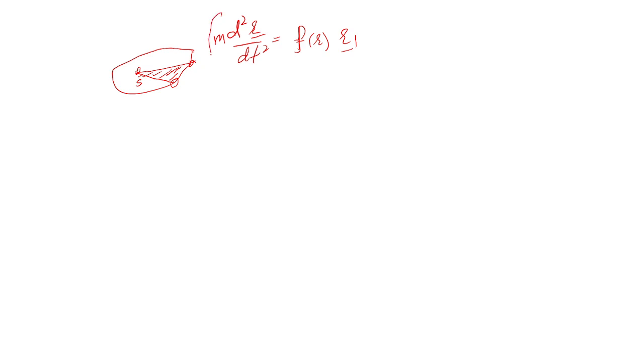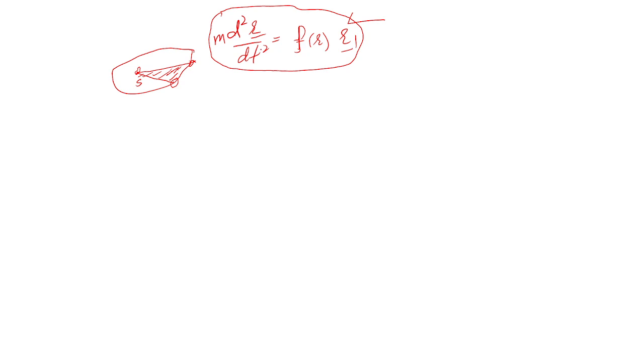In the next question, we will see that this equation, when we put f of r as the gravitational force, represents an elliptic orbit. In the next question we are going to prove that the solution of this equation is an elliptic orbit.